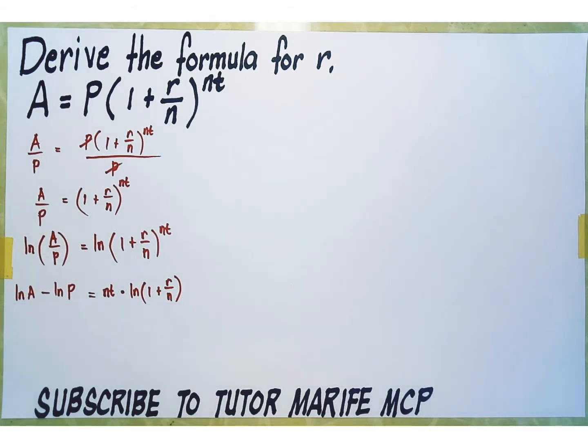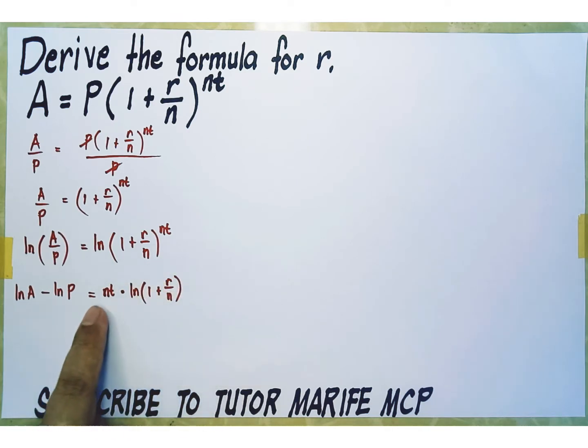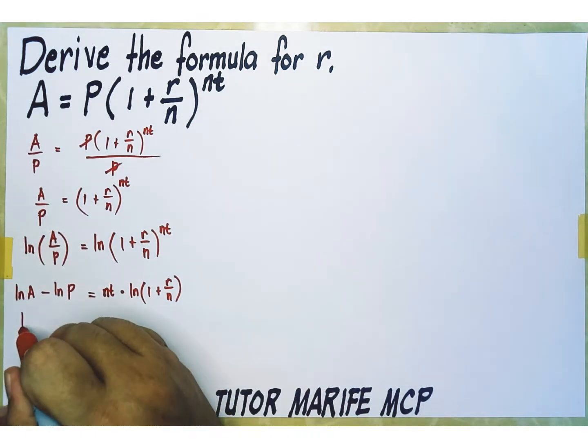Okay? Next, I want to remove nt from the right side. So since it's being multiplied to the logarithmic expression, I'll use division to eliminate nt. Divide both sides by nt.